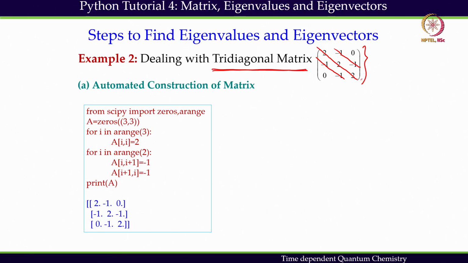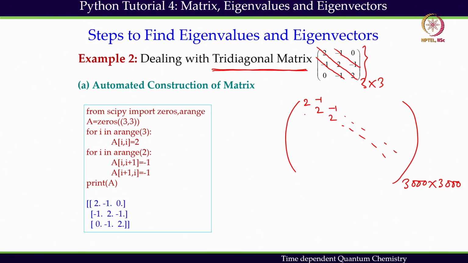So, instead of a 3 by 3 matrix, if somebody asks me to construct, let us say, a 3000 by 3000 matrix, in that case I have to write down 2 2 2 in the diagonal, -1 -1 like this in the upper diagonal, and then -1 -1 in the lower diagonal part also. And this needs to be written many times.